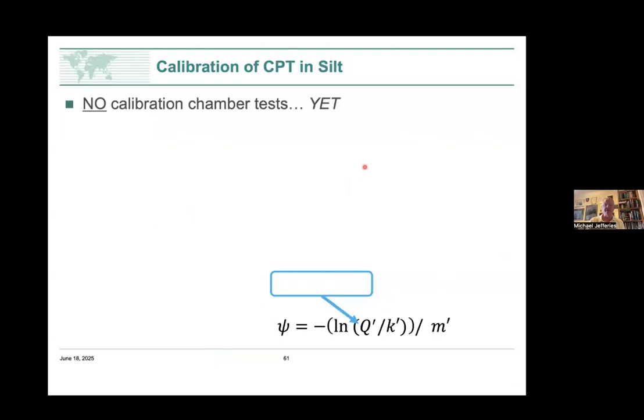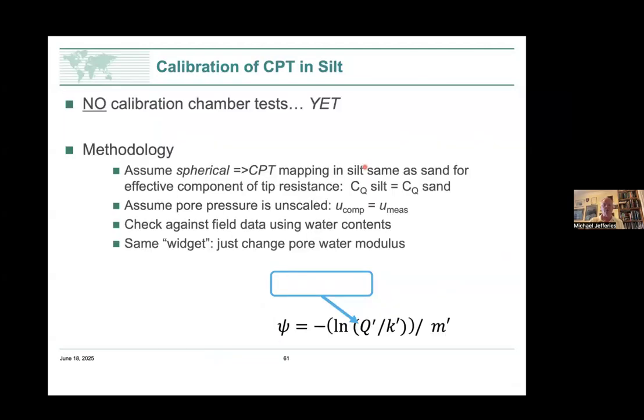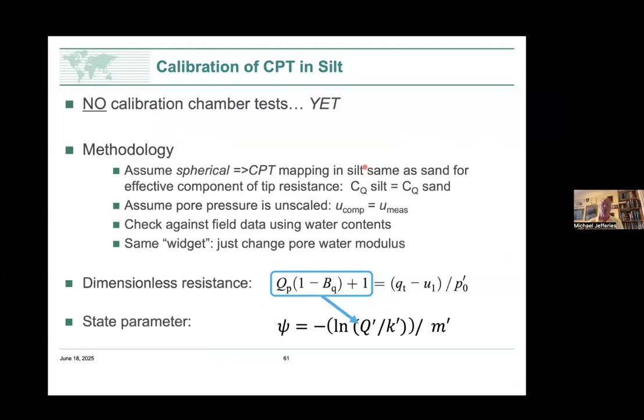Well, what we did, we assume that the spherical to CPT mapping, as I call it, the calibration factor, is the same in silt as in sand, because the only difference between silt and sand is the F and the Q's, the ratios change, but the mathematics doesn't.